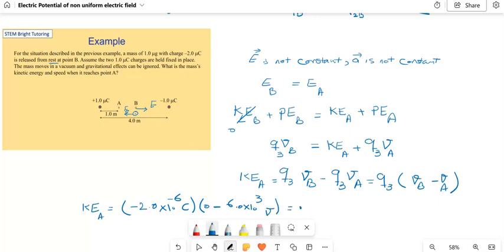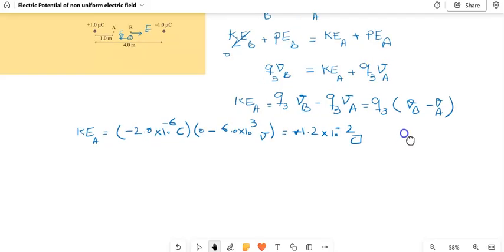So at the end we have a negative multiplied by this negative sign, which gives 1.2 times 10 to the power of minus 2 joule.